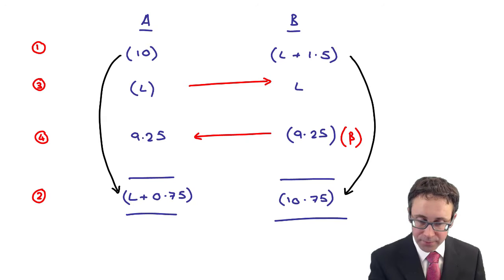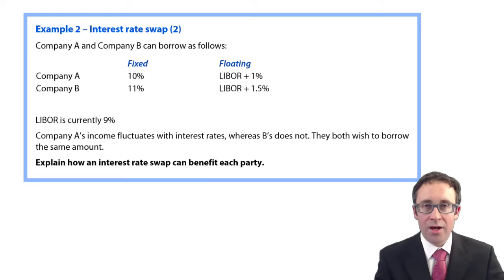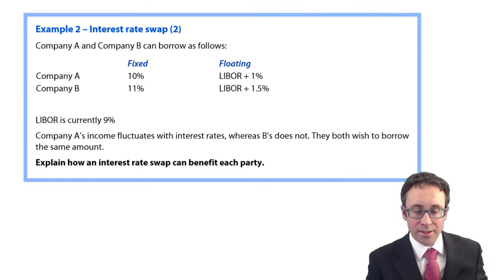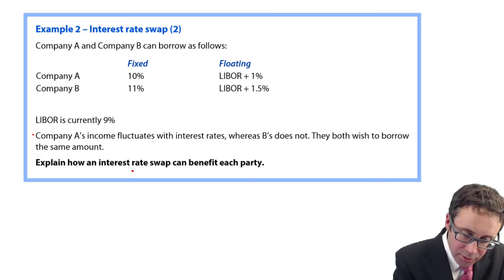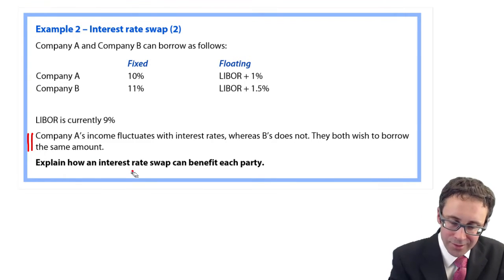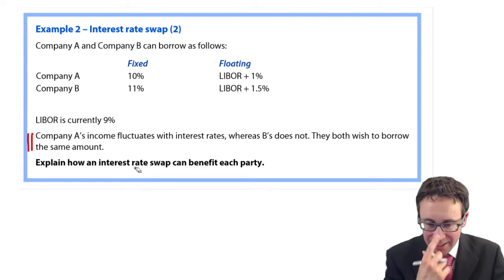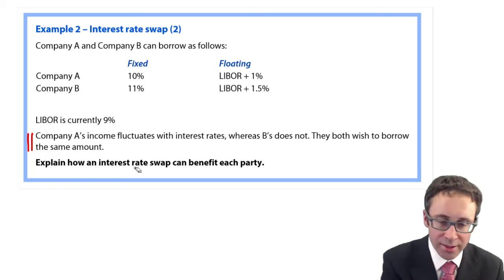So what have we got? In terms of the question, a similar scenario. You've got two companies, company A and company B. Again, you're given that sentence at the bottom that does tend to help you, but you're not always going to be given that sentence. It says company A's income fluctuates with interest rates.